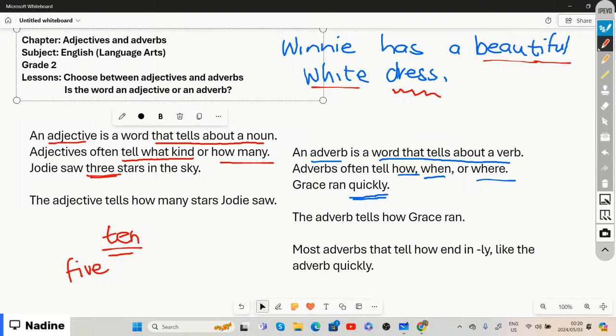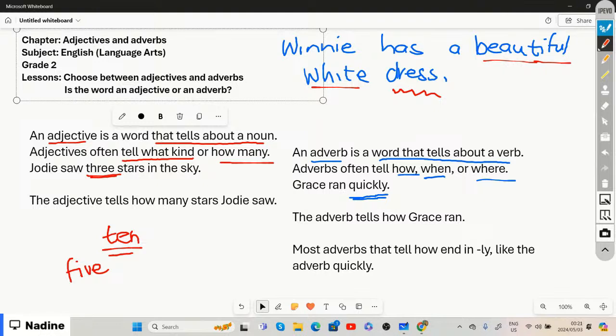It's a beautiful white dress. So what kind is where we describe or identify things like color, if it's beautiful or not beautiful, height, length, and so on. Like in this case, Winnie has a beautiful white dress. That will basically tell us what kind.